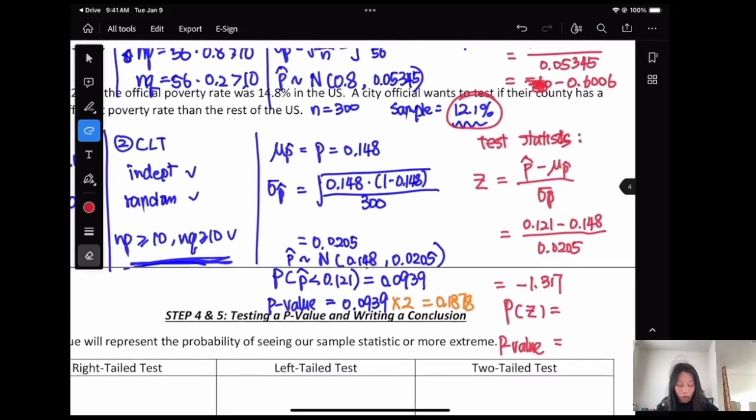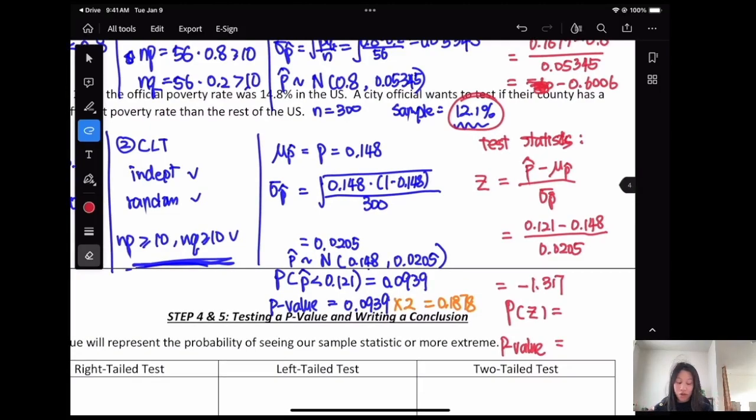Okay, in the first part, we already proved that whether we use the sampling distribution of proportion or we use the test statistic, they both have the same probability, which is 0.0939. And then don't forget that you need to multiply by 2 to get the final p-value.